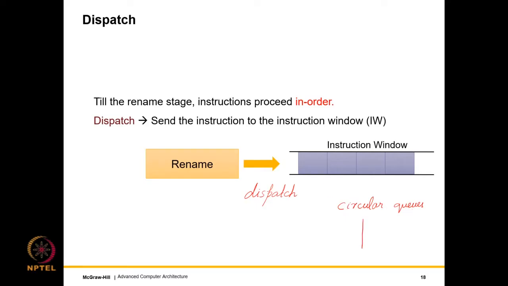So what we have is a single array of entries, and, as discussed before, multiple pointers, two in this case, a head and a tail, and they wrap around. This is a very standard design that is used in a large number of hardware structures. The instruction window most of the time uses something similar.